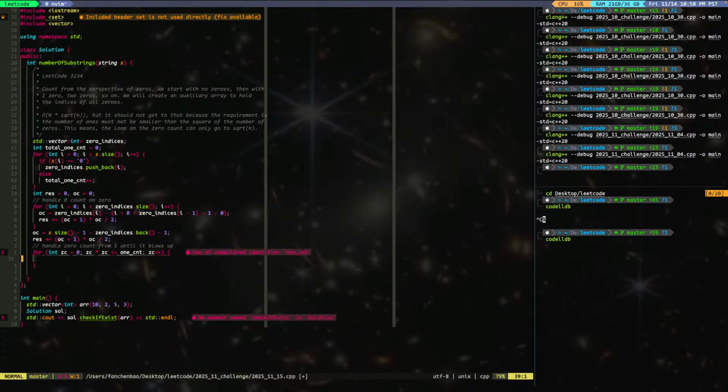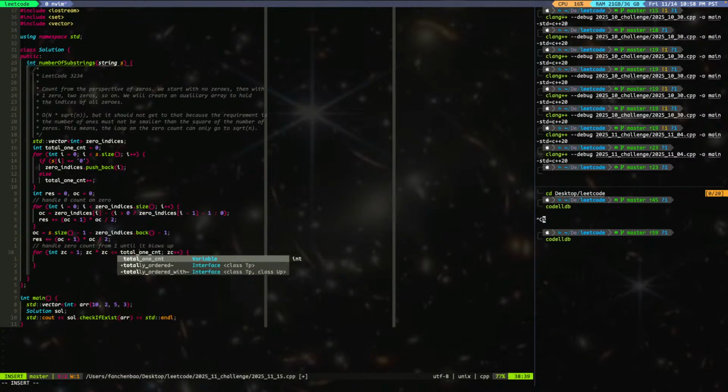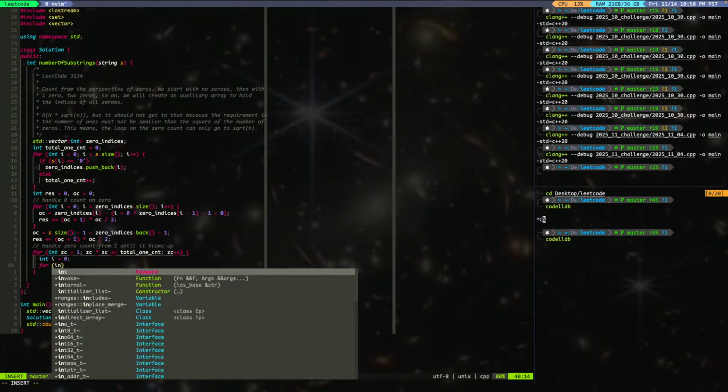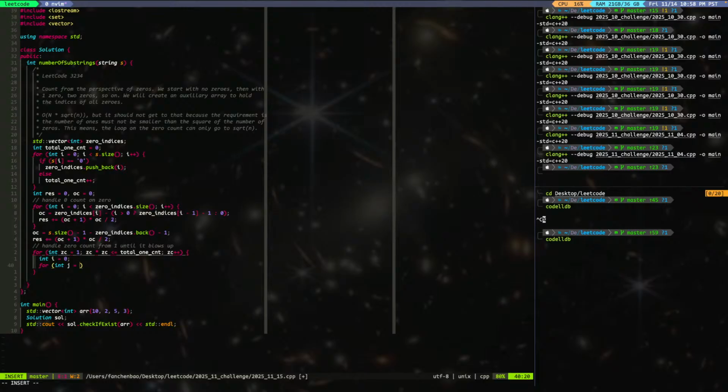Okay, so now here I can make it simpler. So 1, right? It's smaller than total this. Okay, so for each count, I have int i is 0, and for int j is 0, j is smaller than this size, and j plus plus.